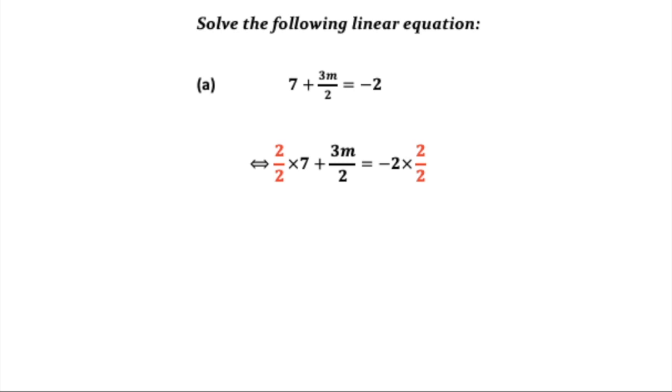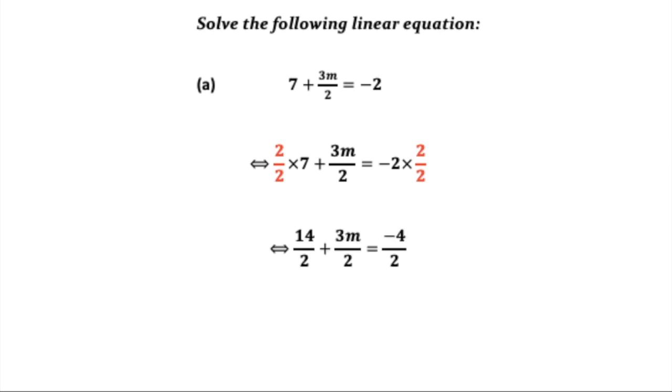We are trying to put everything over 2, so we multiply by 2 on 2, because 2 on 2 is the same as 1. So 2 on 2 times 7, plus 3m on 2, equals negative 2 times 2 on 2. We are not changing the actual value of the equation, just increasing the magnitude of the expression.